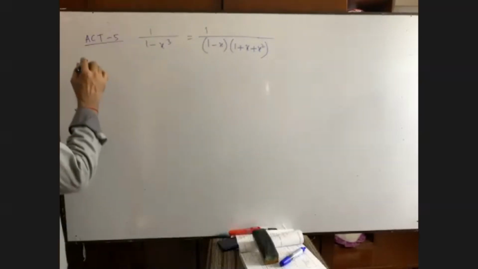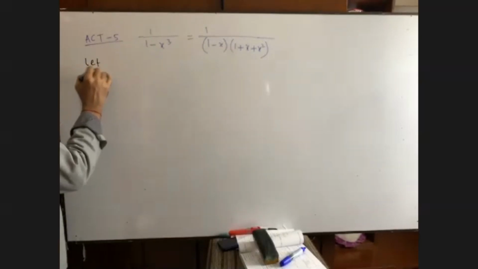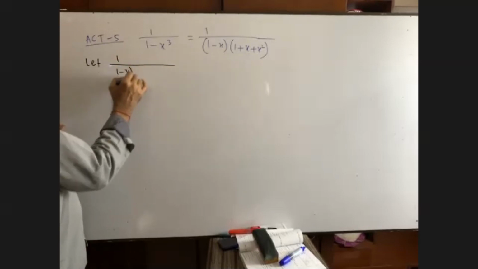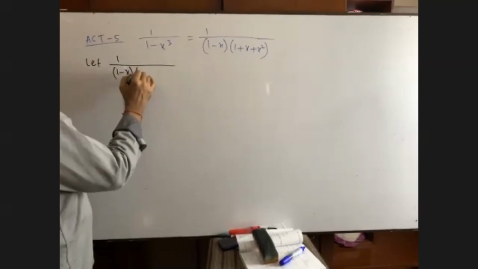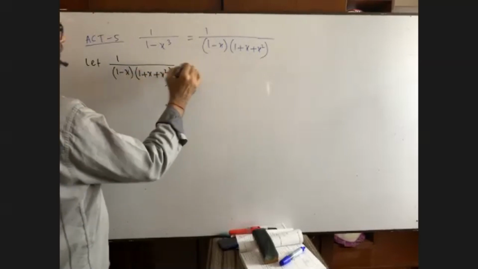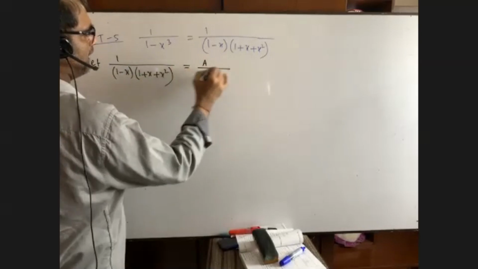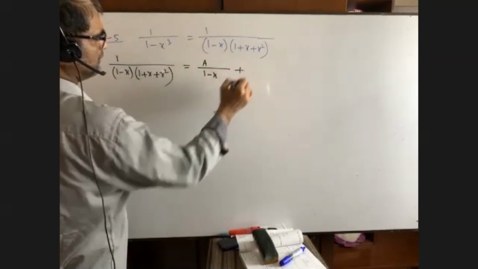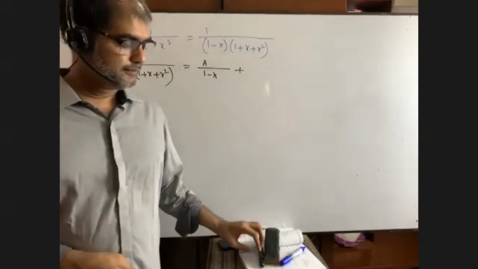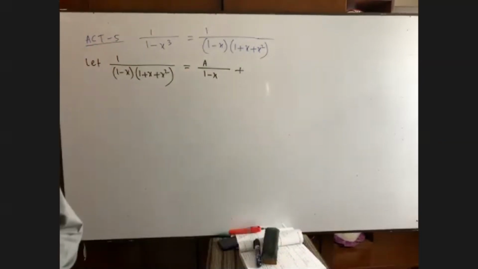Now write down, let 1 by 1 minus x into 1 plus x square is equal to a by 1 minus x. Then please let me know. Who can tell me? Can you please tell me?